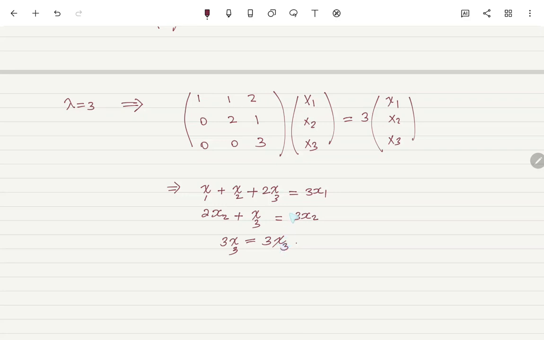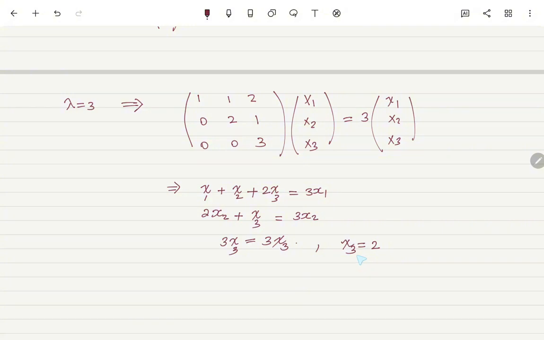From these three equations, if we set x3 equal to 0, then x2 definitely will be equal to 0 and x1 will be equal to 0. So there's no meaning for this 0, 0, 0 eigenvector. So let's choose x3 equal to 2.